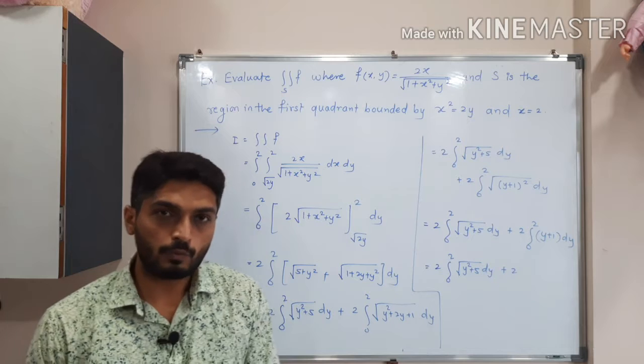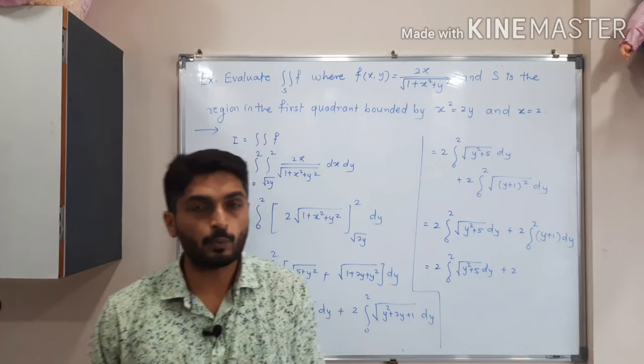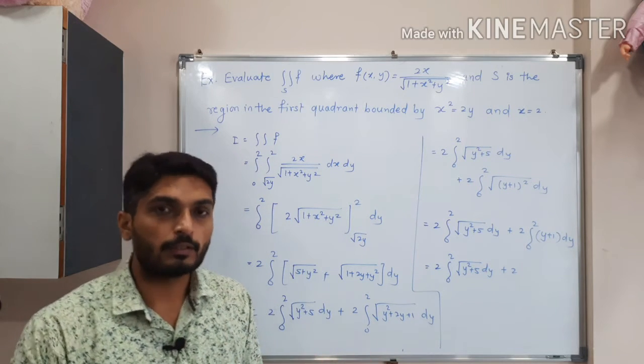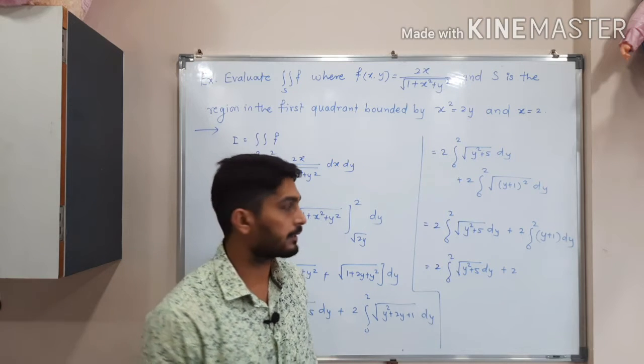So as you know, integration of y is y square by 2 and integration of 1 is y. So let us use the formula and we will put the upper limit and lower limit.